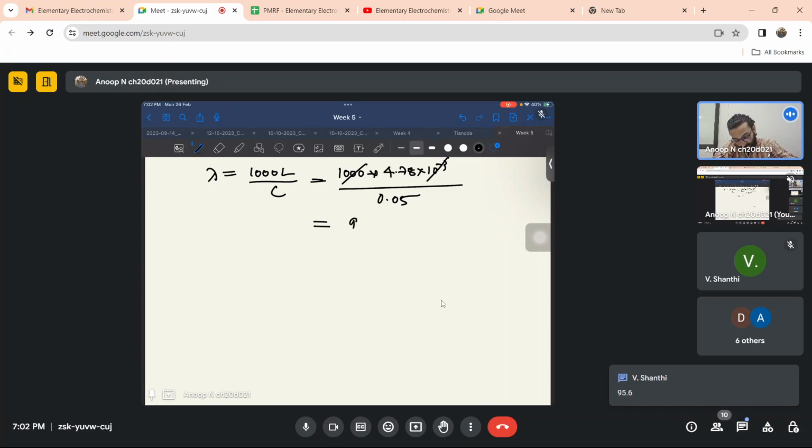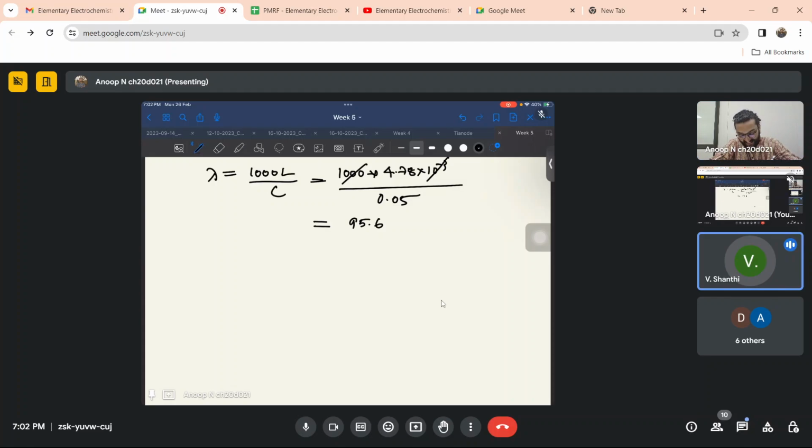Yes, 90. What is the unit of equivalent conductance? Unit also I need, otherwise if I am evaluating the paper, I won't give marks. So ohm inverse centimeter square gram equivalent inverse. Here it's given in normality, so you get gram equivalent. If it is molar conductivity, it will be mole.